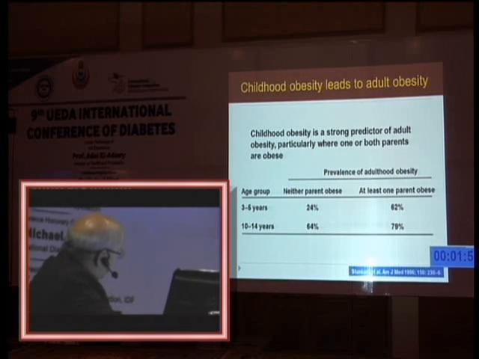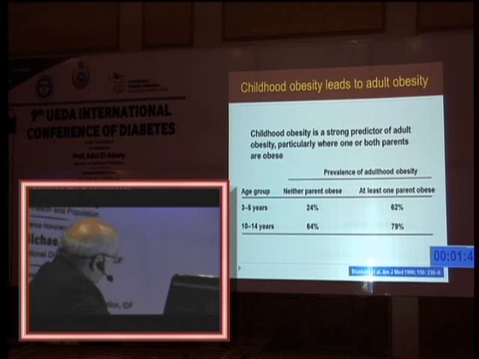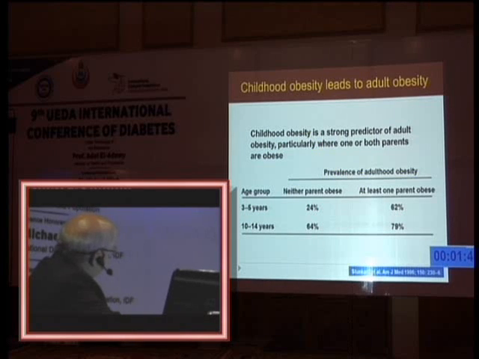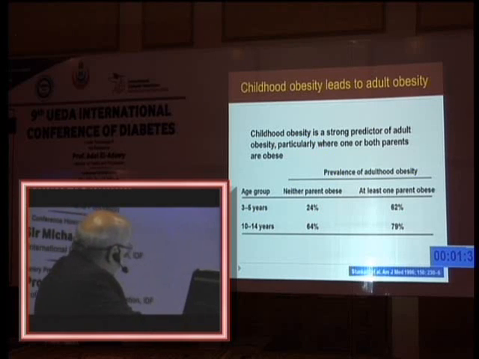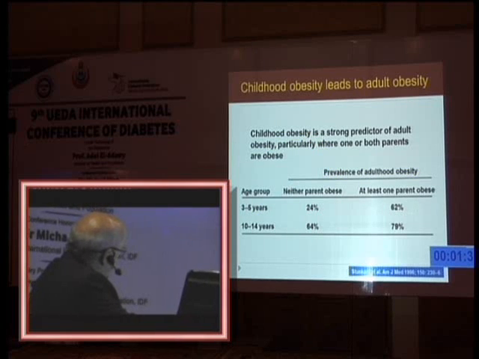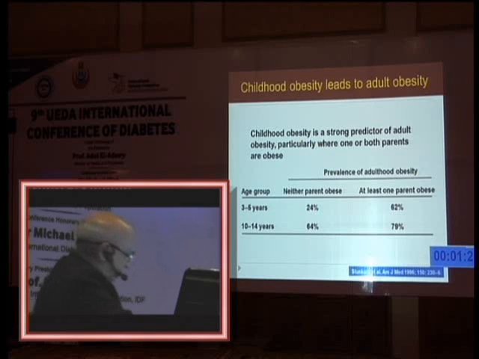And childhood obesity will lead to adult obesity. If neither parent is obese, you see here, there will be a 24% chance, while if there is at least one parent obese, it will be 62% the chance for adult obesity. And at the age of 10 to 14 years, these are the numbers.